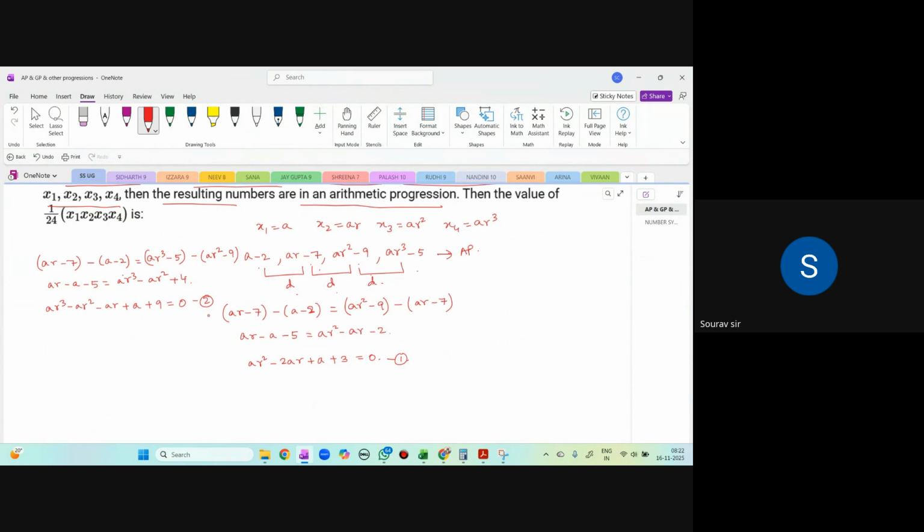Right? So now I have to solve for a and r. How do I solve for a and r from here?